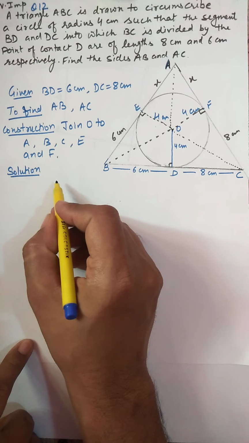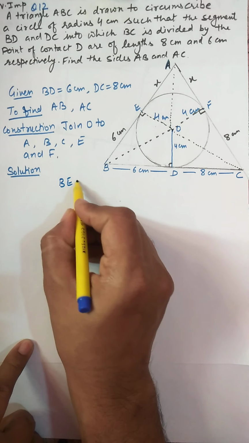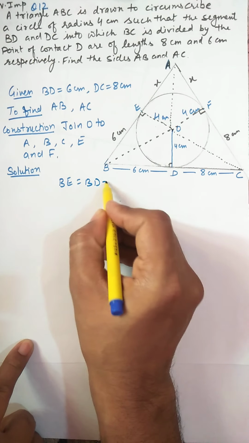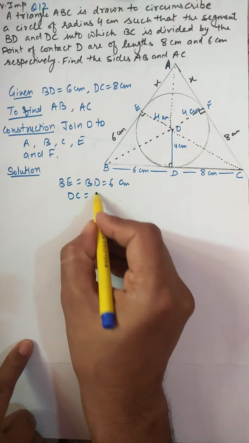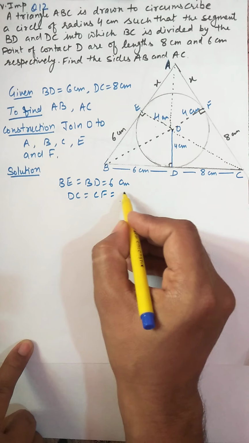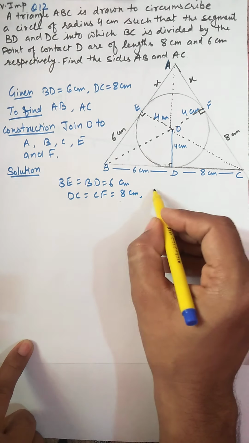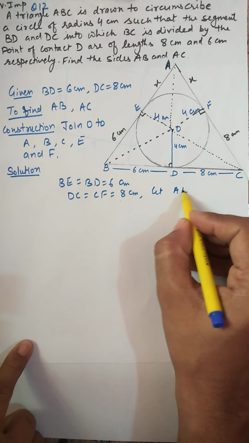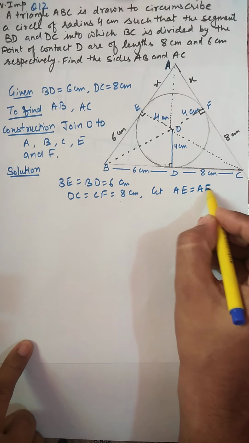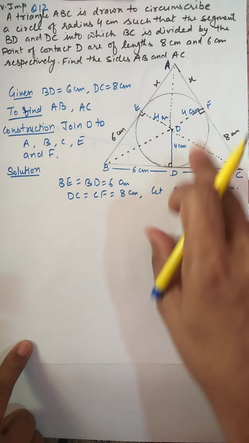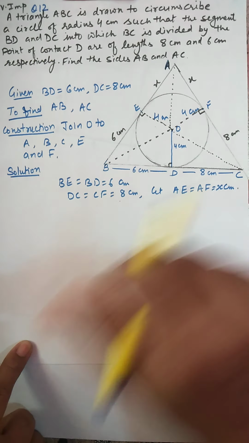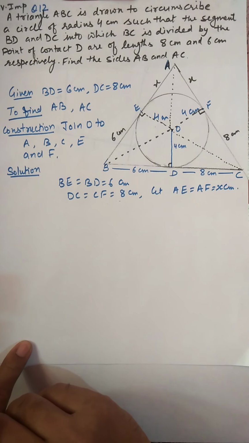So we have to write that BE is equal to BD is equal to 6 centimeter, DC equal to CF equal to 8 centimeter, and let AE equal to AF equal to x centimeter. If I am able to find the value of x, then AB and AC can be found easily.